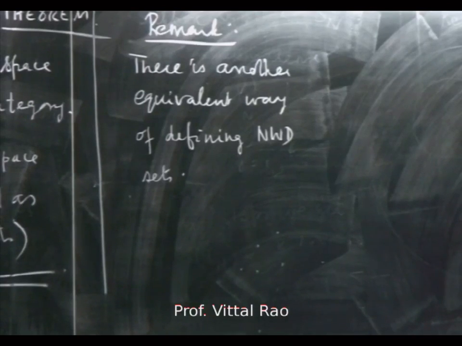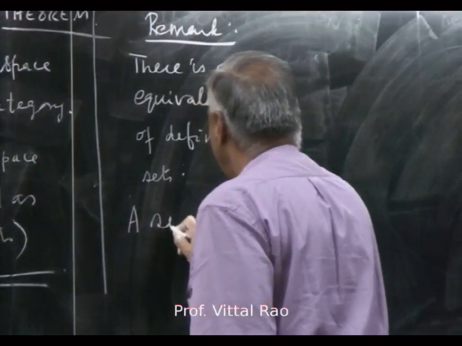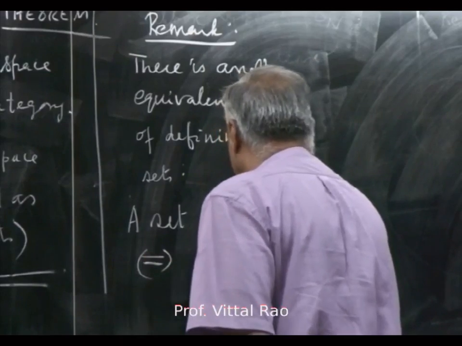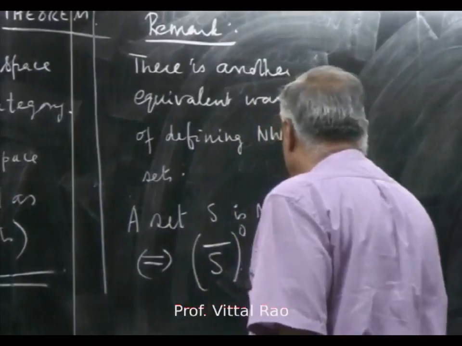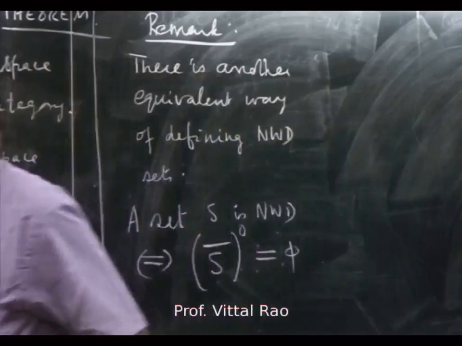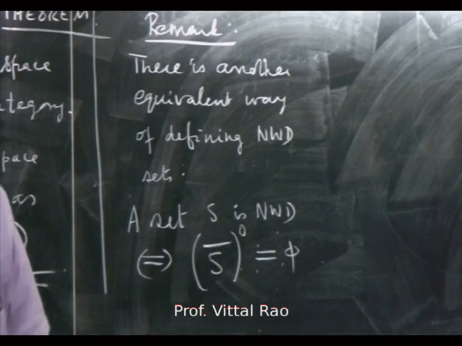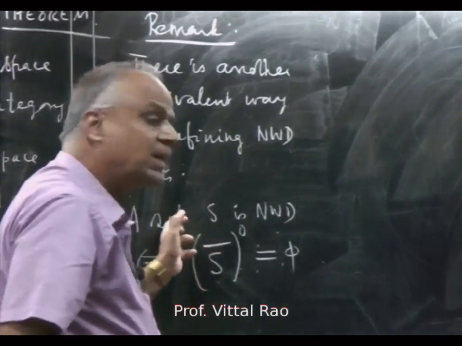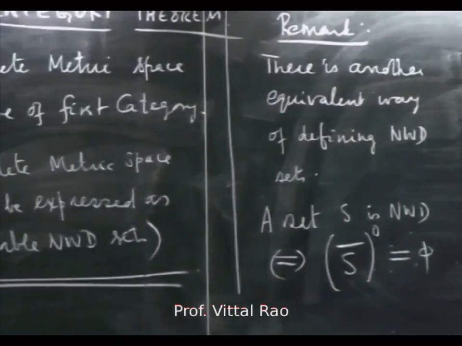That is a very simple, intuitive definition. But we have: a set S is nowhere dense if and only if you look at the closure and look at its interior, that should be empty. The closure should not have any interior points. Then we say it is nowhere dense. That's another way of looking at it. To prove theorems, sometimes this is useful, but to understand the definition, the earlier one is useful. The interior of the closure must be empty.